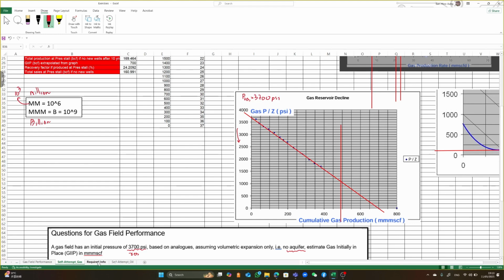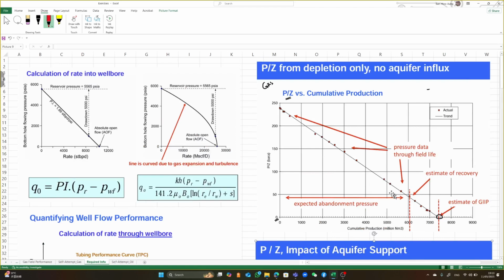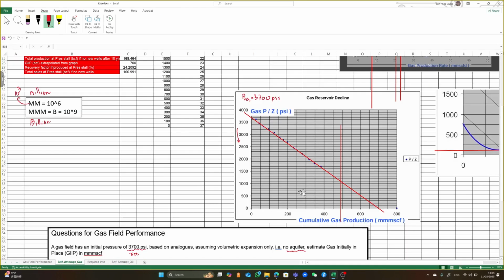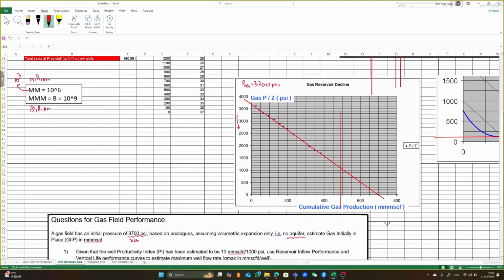If we go back and look at our technique, once you intersect at the bottom of the axis for cumulative production, you get the estimate of gas initially in place. So now that I have intersected, let me change the color. This point over here is the gas intersection point, and this is our gas initially in place estimate.